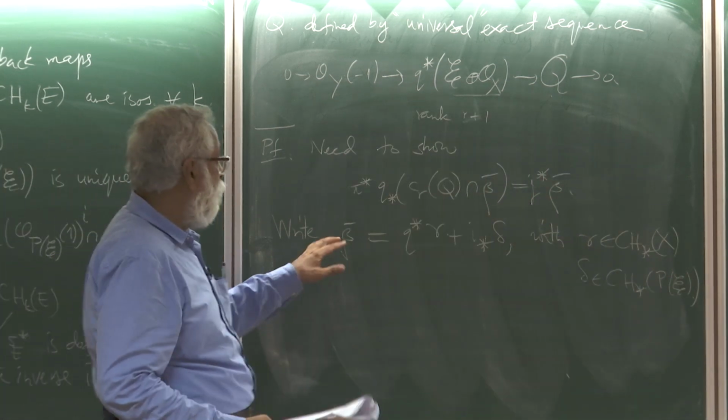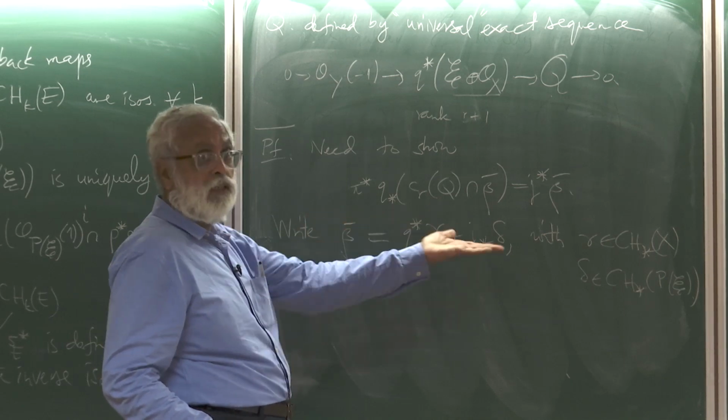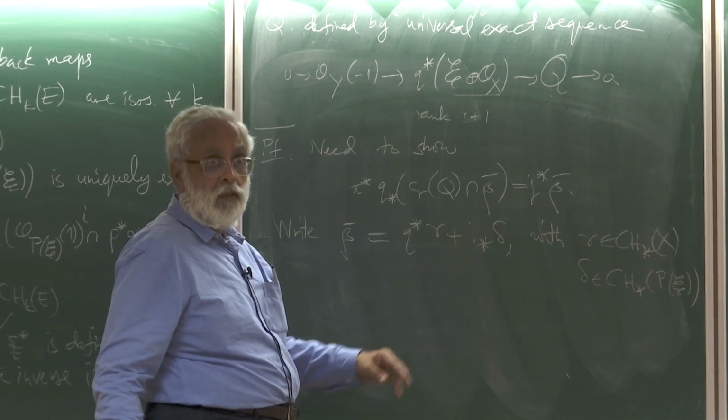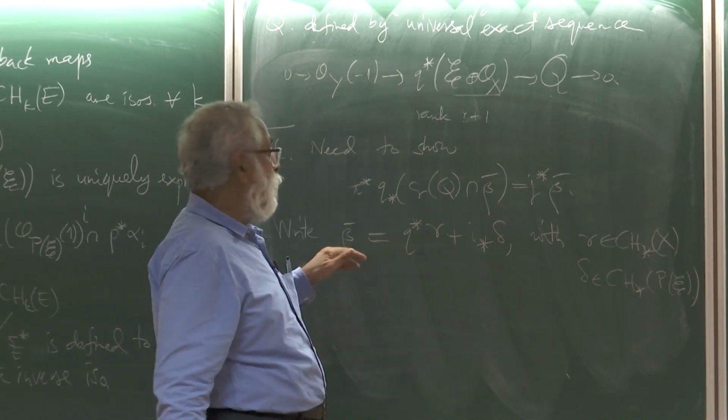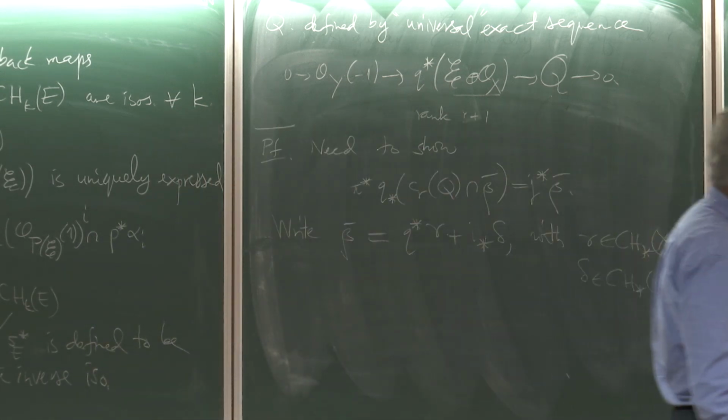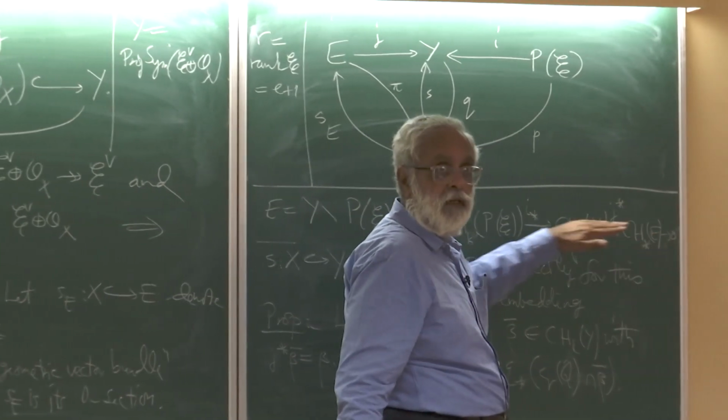That's because I have a formula for writing a general element beta in some fashion. Or put a different way, the quickest way perhaps is to use this exact sequence.